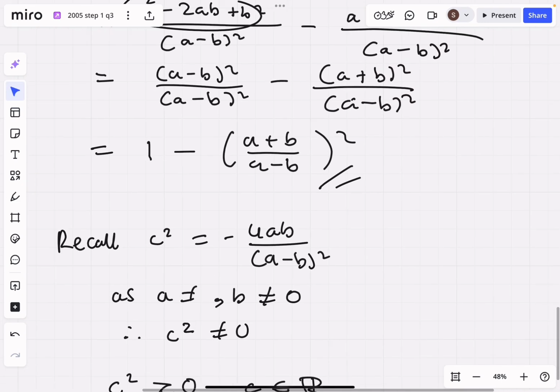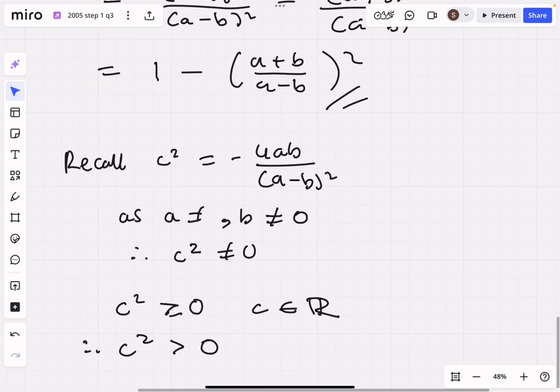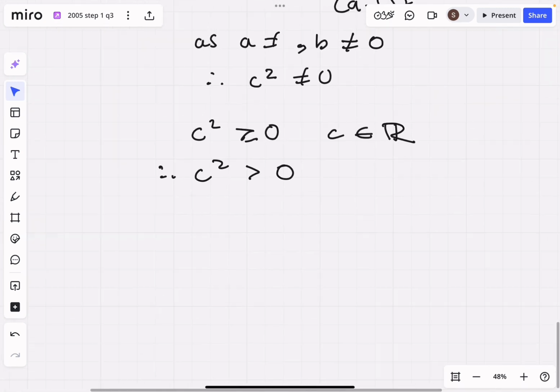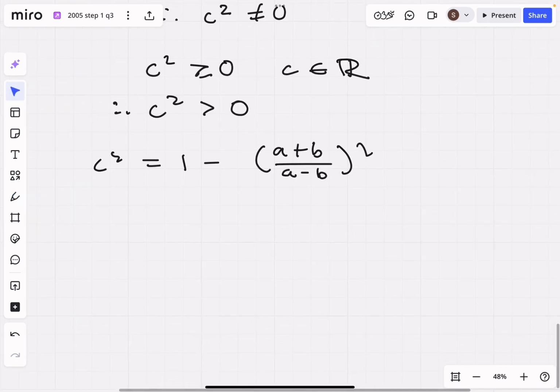And now to prove that c squared is less than 1, well, we can go back to our previous part that we just proved. We'll recall that c squared is equal to 1 minus (a plus b) squared over (a minus b) squared. Well, because a and b are both real numbers, then (a plus b) squared over (a minus b) squared is also positive.